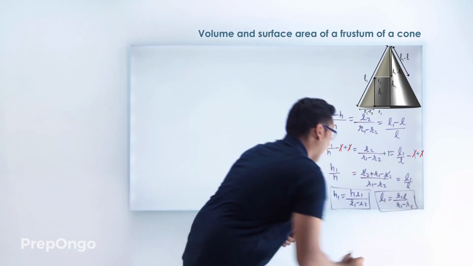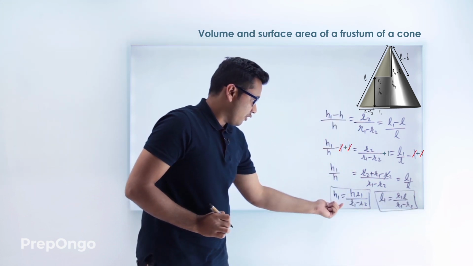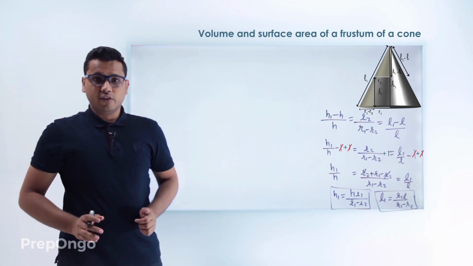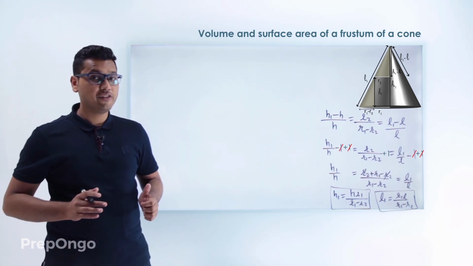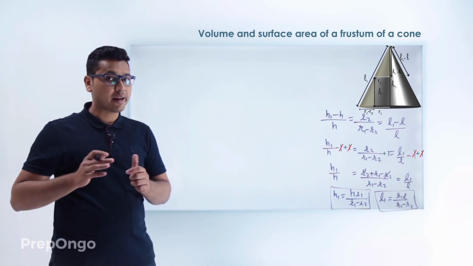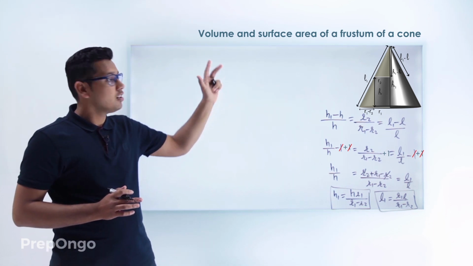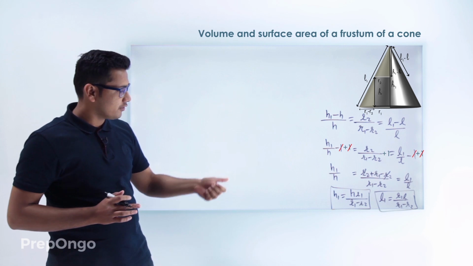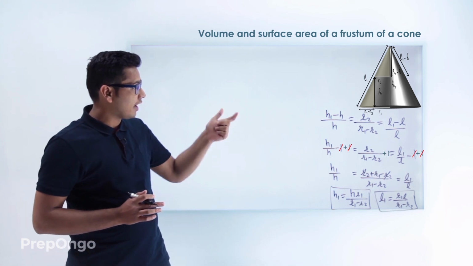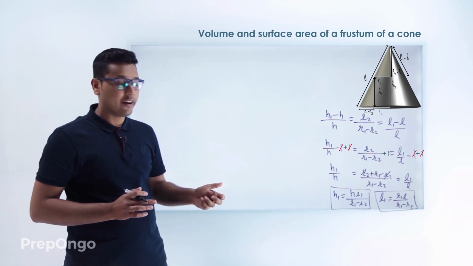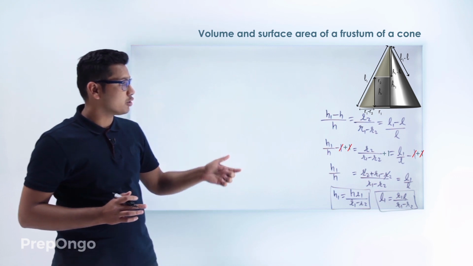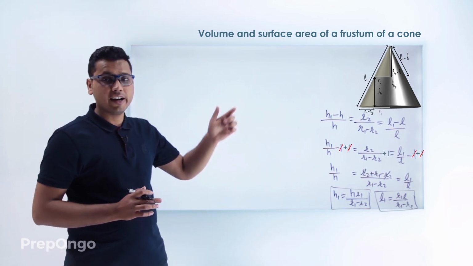So these two values we can get, h1 and l1. So by this activity we had converted the dimensions of this bigger cone into the given dimensions of the frustum of a cone. We had converted h1 in terms of h, r1 and r2, and we had converted l1 in terms of l, r1 and r2.